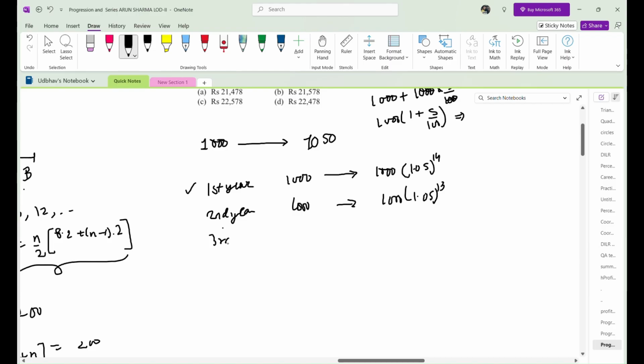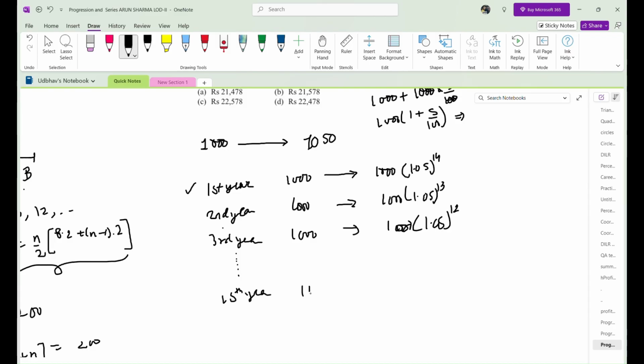Now we are at the third year. We again saved 1000 rupees. So now the amount will be 1000 into 1.05 to the power 12, because we are going to wait for 12 years, because we are already at the third year. This will continue till the 15th year.